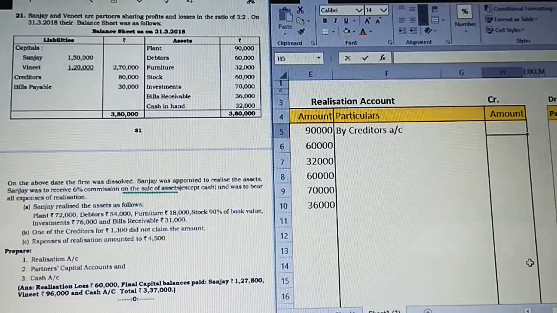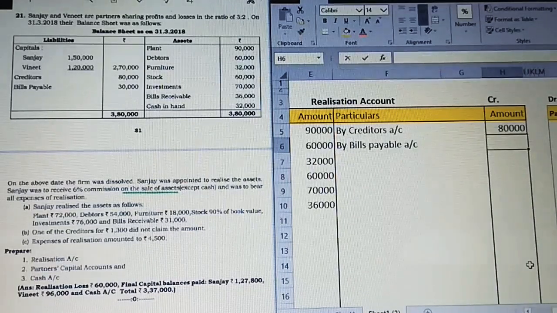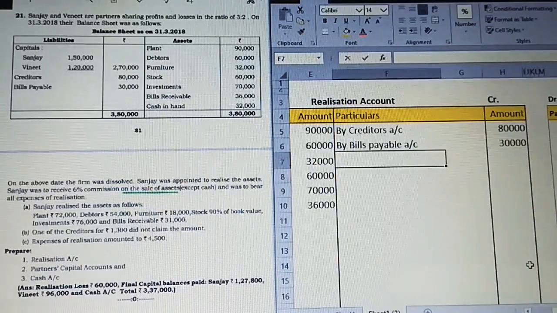By creditors account 80,000, by bills payable account 30,000. Yes, we have taken up the two items from the liability side, that is, the outsiders.